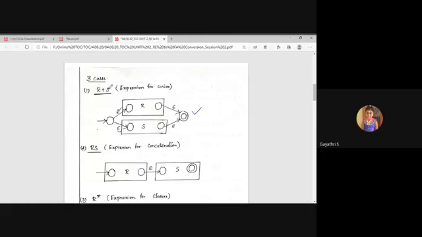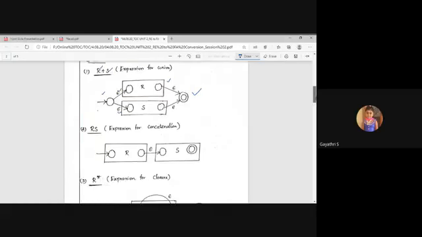The upper path is the first regular expression, and the lower path is the second regular expression. These two are again connected with epsilon to the final state. This is the automata for the regular expression union, that is R plus S. The first case is over.